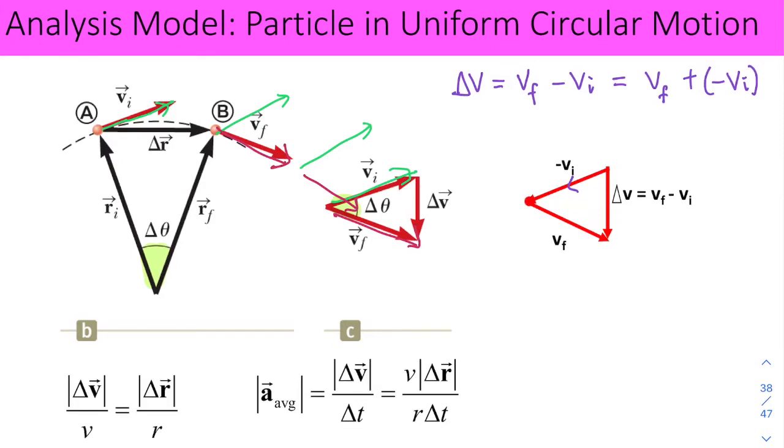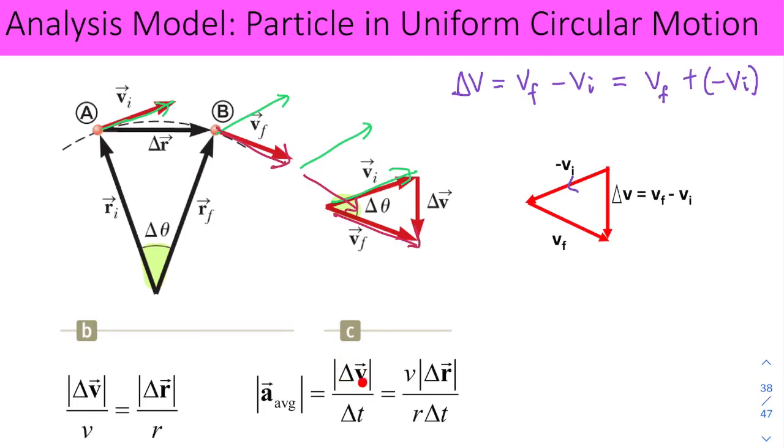Then the other vector that the object has is v final. So from the tail of negative v initial to the tip of the second vector, which is v final, that will be the resultant, which is your delta v, by definition equivalent to v final minus v initial. Right? Why are we concerned about this? Why do we want to take a look at this matter?